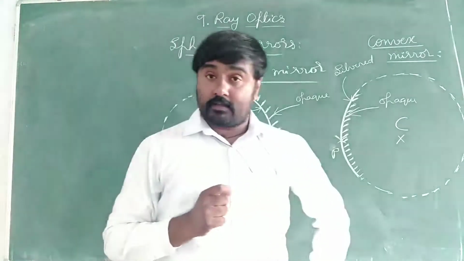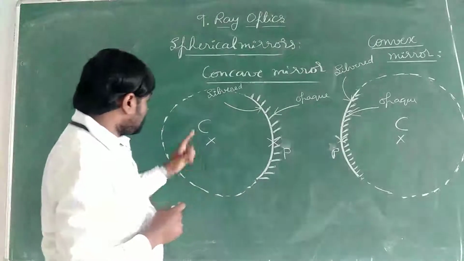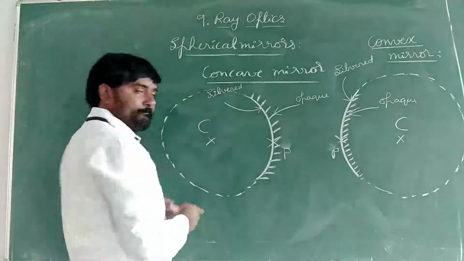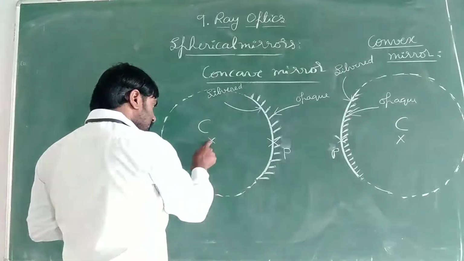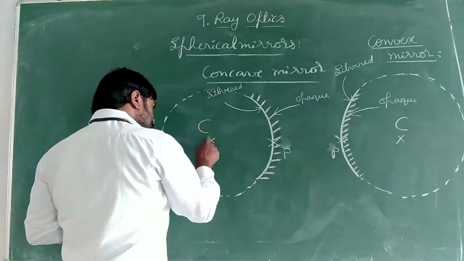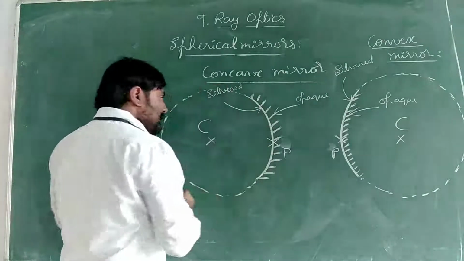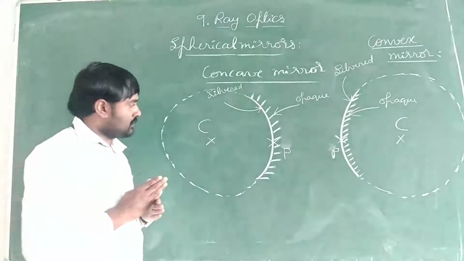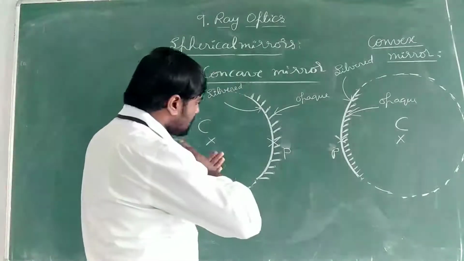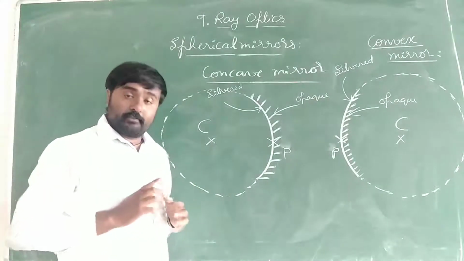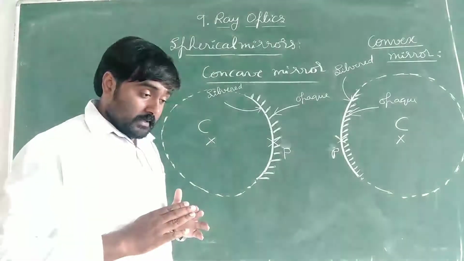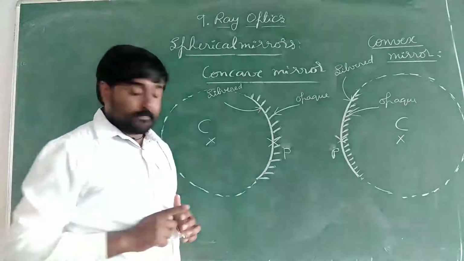Center of curvature means the center of the sphere, but the given mirror is a part. So listen to me carefully. What is the meaning of the center of curvature?